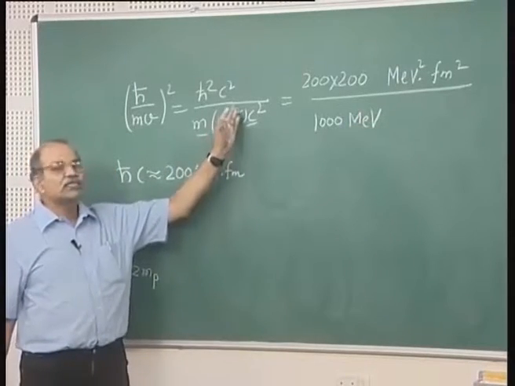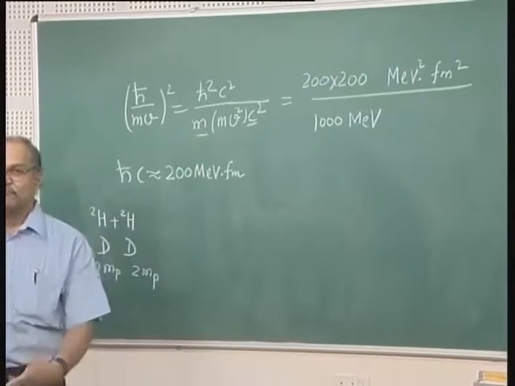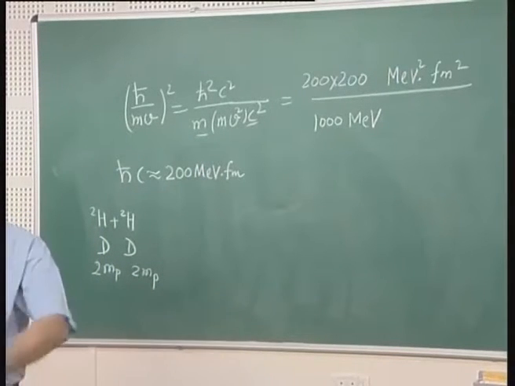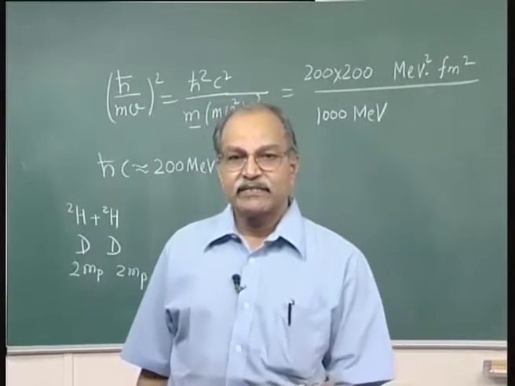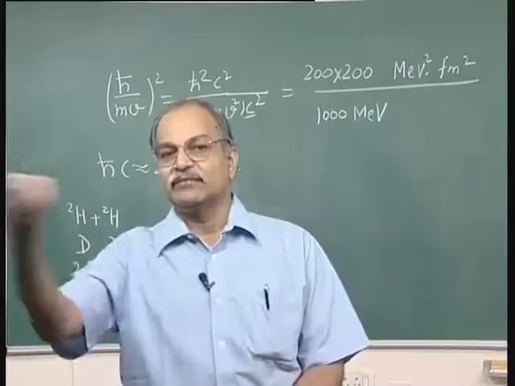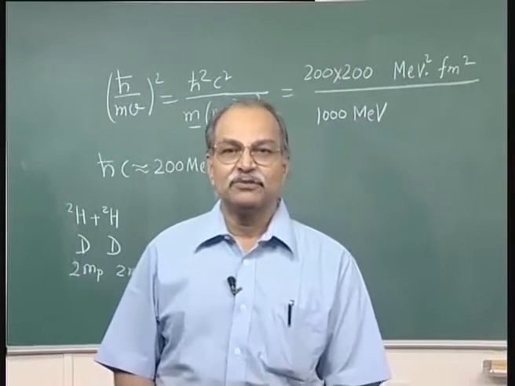Then m into v square, this v is the relative speed. So, half m v square is the kinetic energy, and that kinetic energy depends on temperature, 3 by 2 kT, for 10 to the power 7 Kelvin or so.